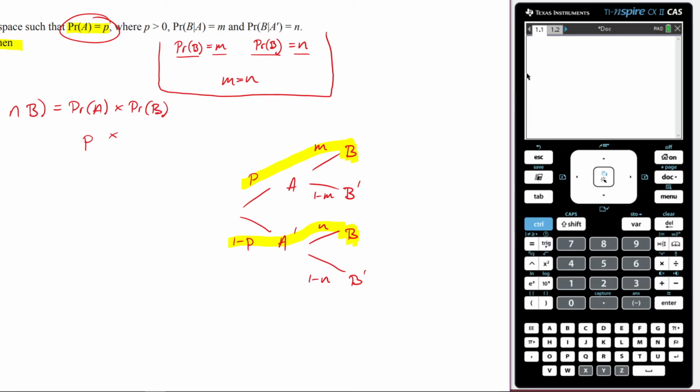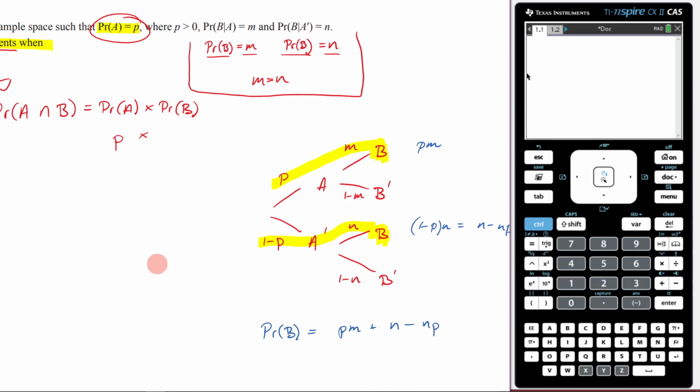So P times M is PM, and I'll get 1 minus P, and multiply that by N. That's going to get me N minus NP. Therefore, the probability of B is going to be PM plus N minus NP.